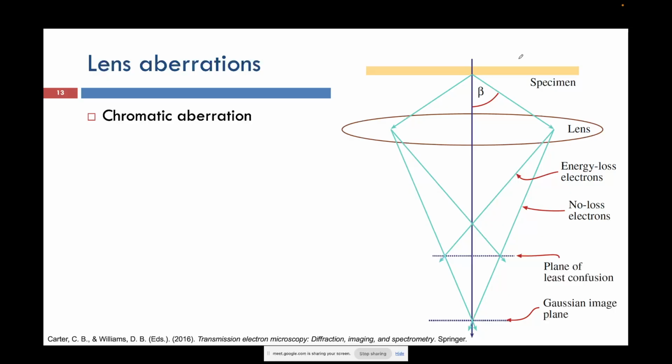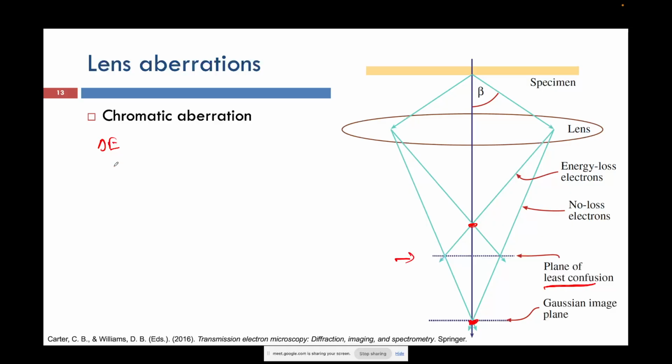Chromatic aberration comes in light optics too. Chromatic aberration was coming due to the wavelength difference, and subsequently from the wavelength difference the energy difference was coming. Here also the same thing is there, due to the energy difference, because the electrons will be coming with an energy spread, that means the delta E, right? Since the delta E will be there, the energy of one electron might differ from the energy of a different electron. So due to that, different electrons will be focused at different points. This is the action of the lens, and there will be a plane of least confusion in between.